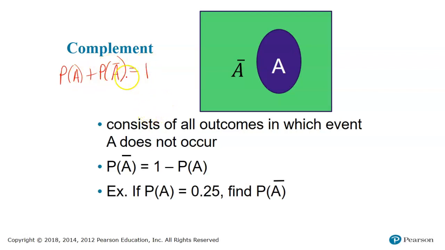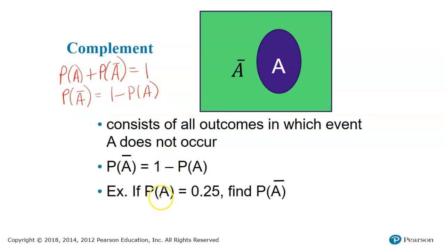And we can manipulate that around and find that the probability of the complement is 1 minus the probability of A, and so forth with that. So if I know the probability of one of the events, I can easily find the probability of the complement to that.